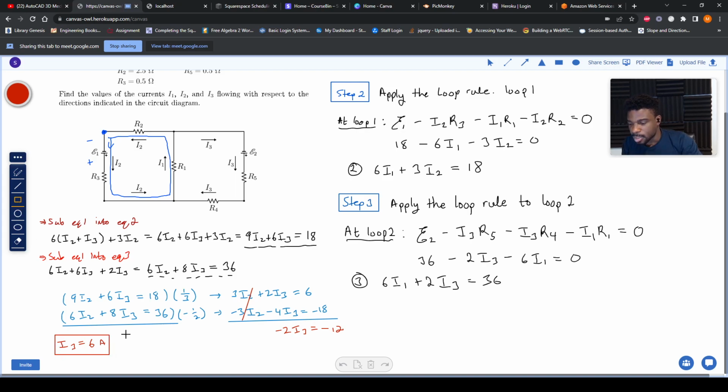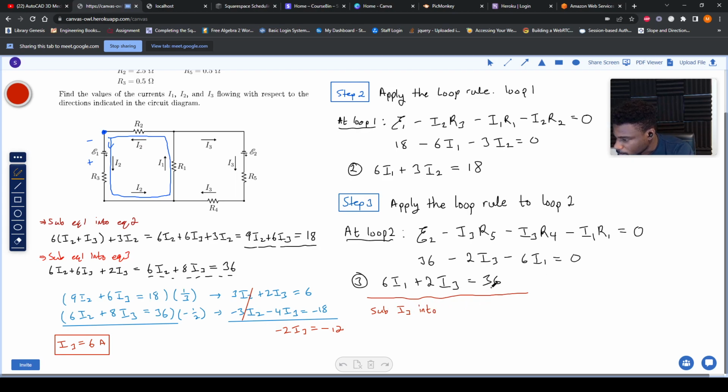Okay, good. So we have I3. What can we do with this? You could plug that into one of the previous equations to get I1. So where are we going to sub it into? Equation 3.